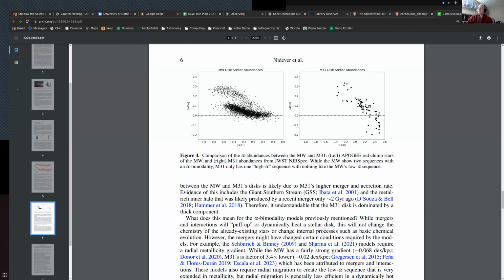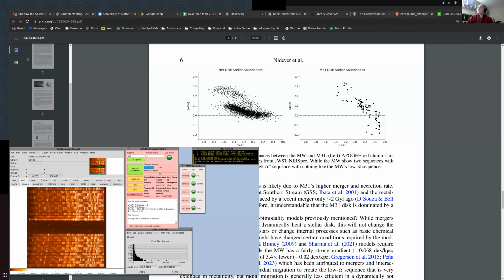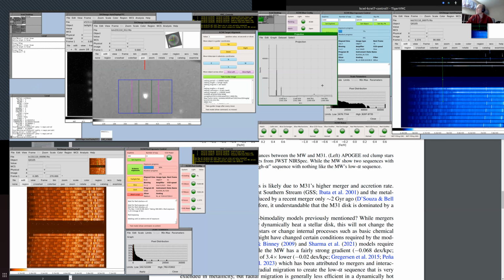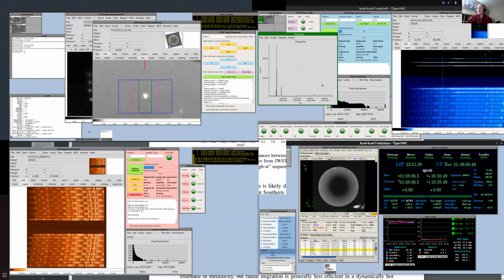I'm going to check back in now on how Keck is doing. For those of you who like computers, the program that I'm using on my computer to do this observing in Hawaii is actually very simple. It's called VNC, Virtual Network Console.